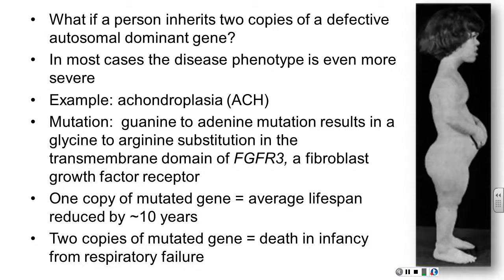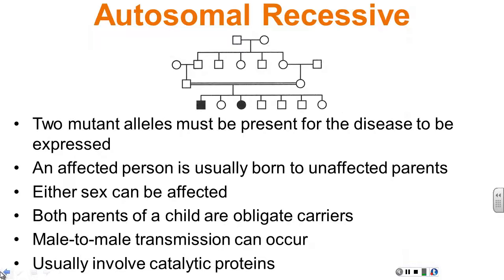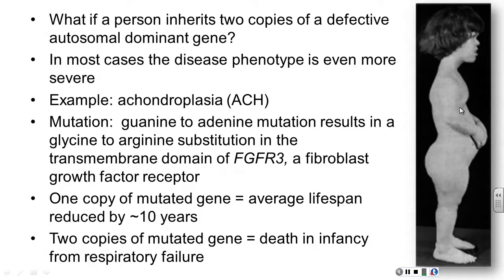So achondroplasia, I don't know if I said it here, no. It's the most common form of this short-limbed type of dwarfism. Okay? It's due to a very specific point mutation, and it is autosomal dominant. So you have a very specific point mutation in a gene called FGFR3.